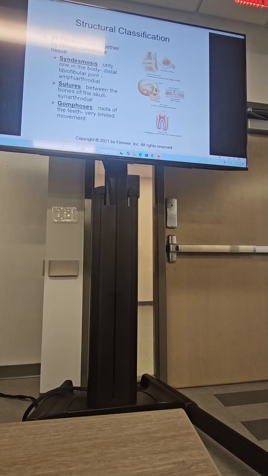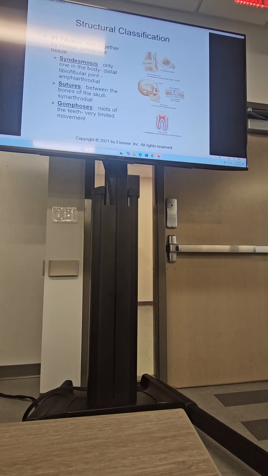Structural classification of the joints is by which tissues connect them, how those bones are connected. You have fibrous joints that are connected together by fibrous connective tissue. Fibrous is not a solid structure.